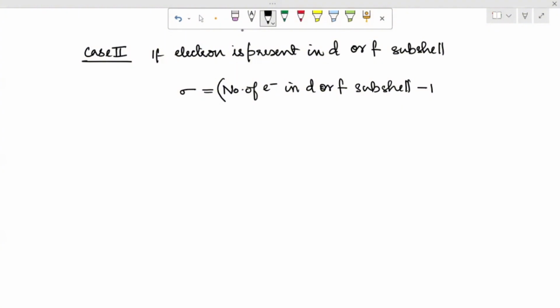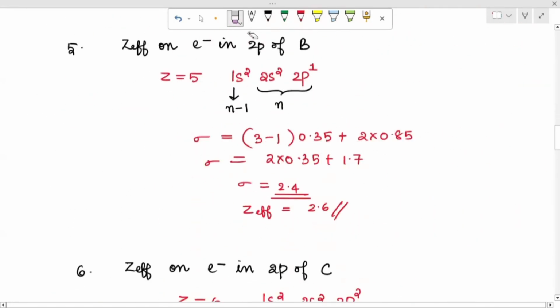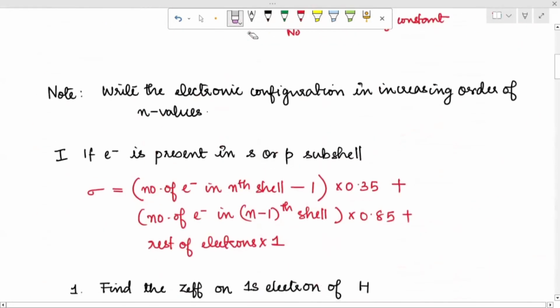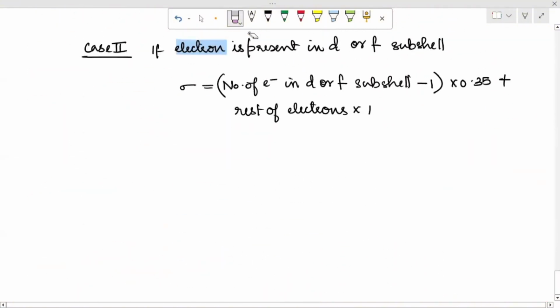We have to do minus 1 because now we are considering it on the electron, not at the periphery. Into 0.35 plus rest of the electrons into 1. The earlier equation also I wrote 1 only. Yes, into 1. Easy.